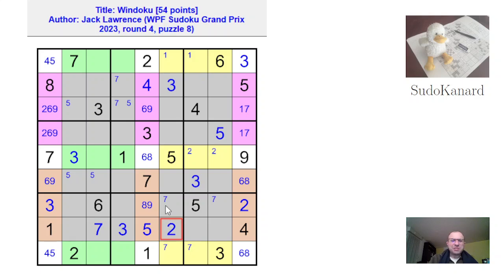It's always difficult to scan those grids, those Windoku, those extra region grids, as a general rule. Here I need a 6 somewhere, but because of those 6's, 6 is in here. The other 2 digits are 8 and 9.